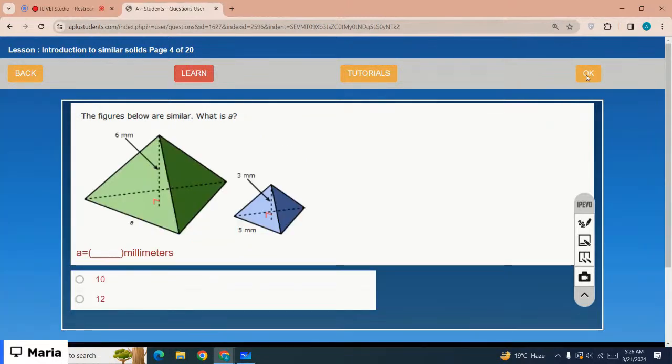The next one is, the figures below are similar. What is a? You have to find the value of a. Just do the calculations and write the correct option in the chat box.